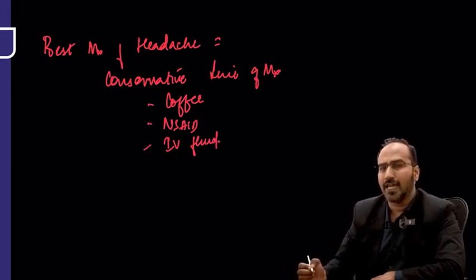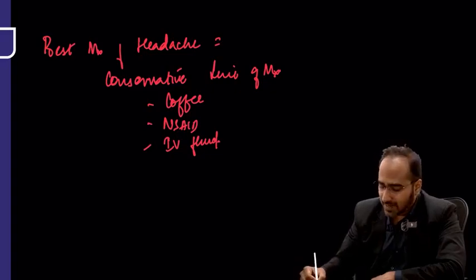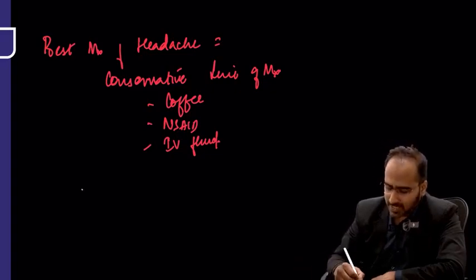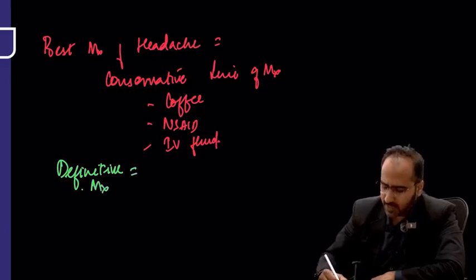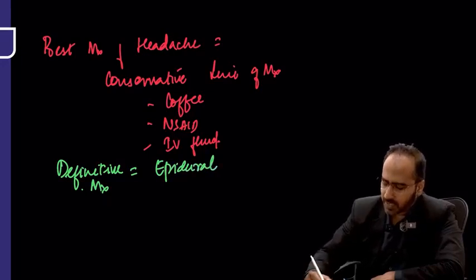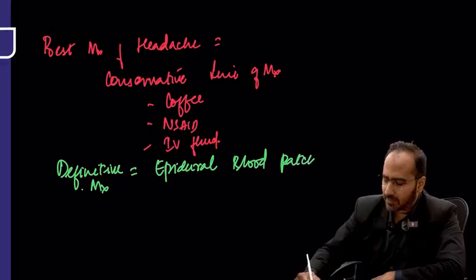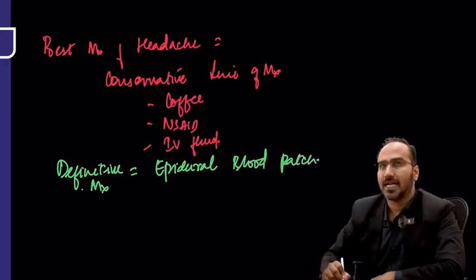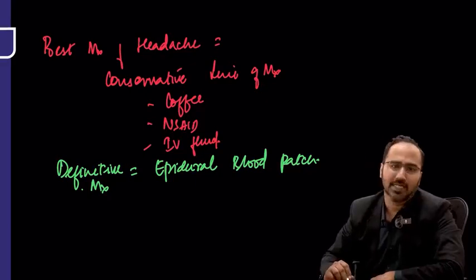Okay? Coffee, NSAIDs, IV fluids are given in conservative management. If that conservative management fails, then the definitive management or the last resort for headache in spinal is what, guys? Epidural blood patch. That is regarding the headache management in spinal anesthesia.